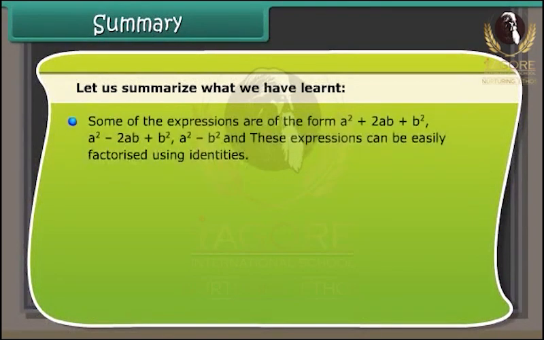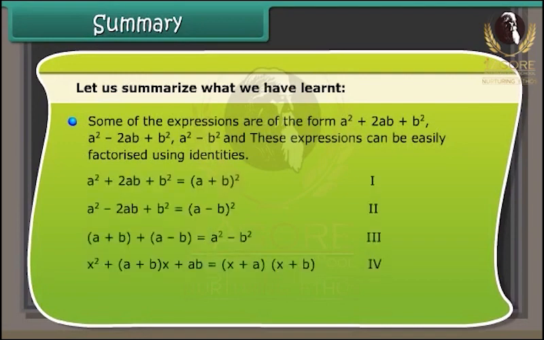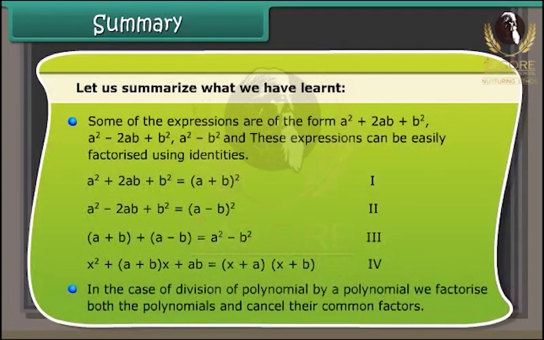Some of the expressions are of the form a square plus 2ab plus b square, a square minus 2ab plus b square, a square minus b square, and these expressions can be easily factorized using identities. In case of division of a polynomial by a polynomial, we factorize both the polynomials and cancel their common factors.